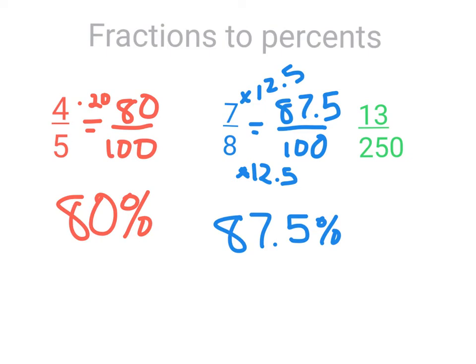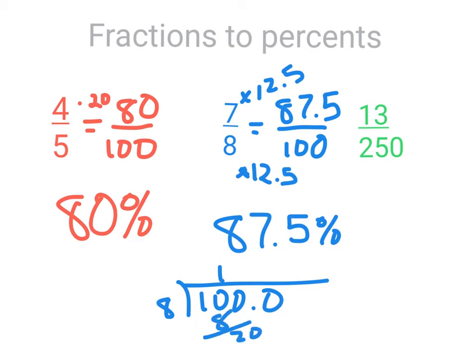Now, some of you might be wondering, how did I know that to get from 8 to 100, I needed to multiply by 12.5? Well, if you have that question, feel free to divide 100. You might need some zeros behind the decimal point. 100 divided by whatever number you're using right here. Okay, so 8 goes into 10 one time.